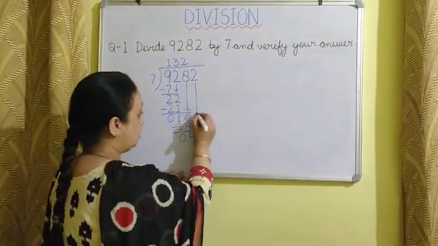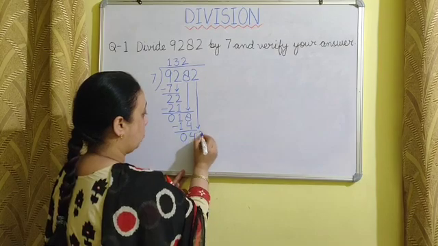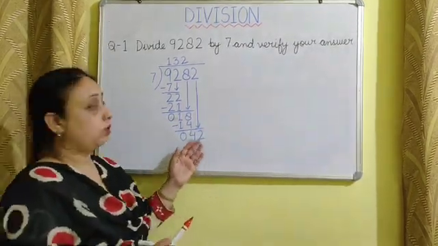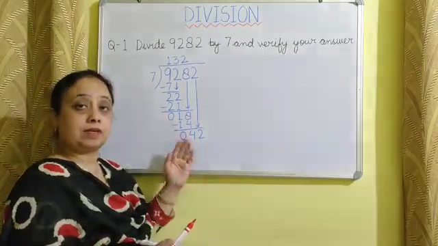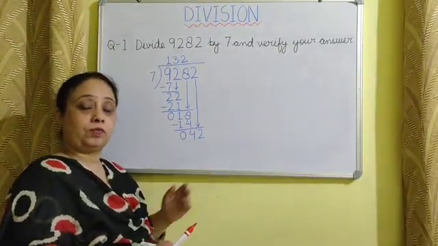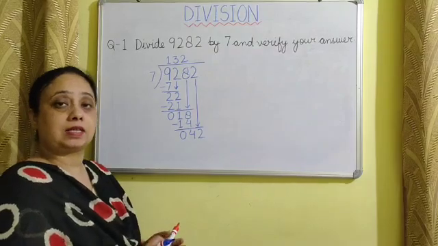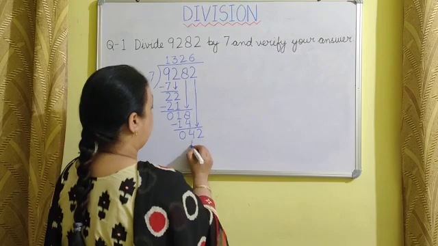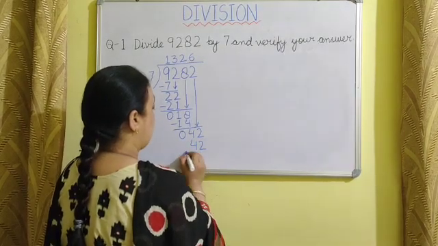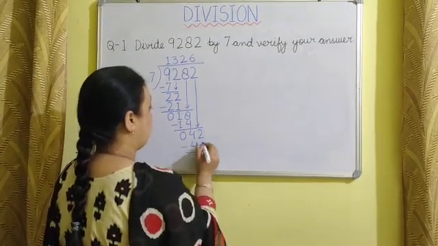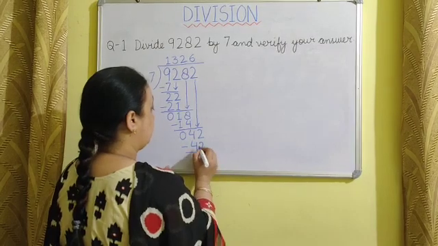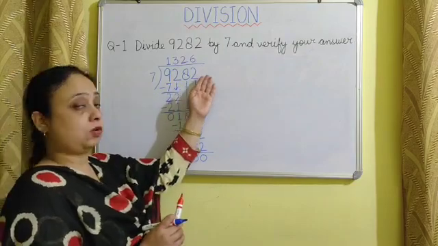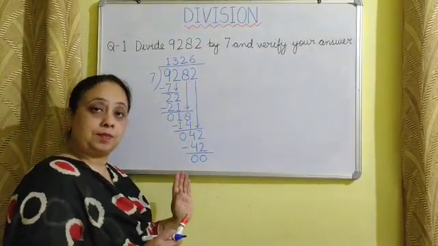We'll copy down this here, and now we have the number 42. We'll read the table of 7 till 42. We know that 7 6s are 42. So we'll write 6 here and 42 here and then subtract. 2 minus 2 is 0 and 4 minus 4 is 0. Now we are left with no digit here, so our division is complete.